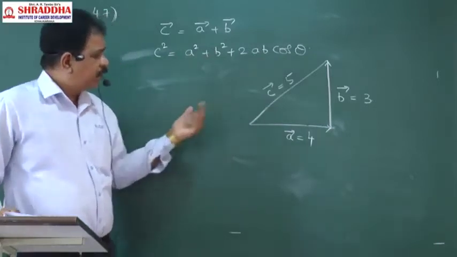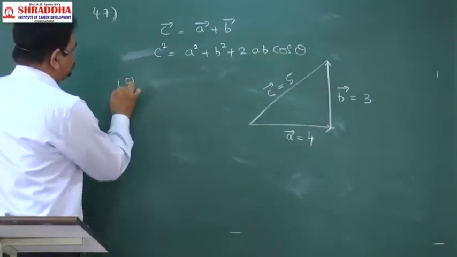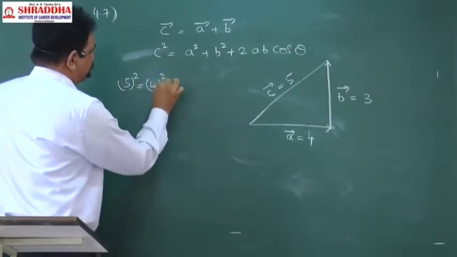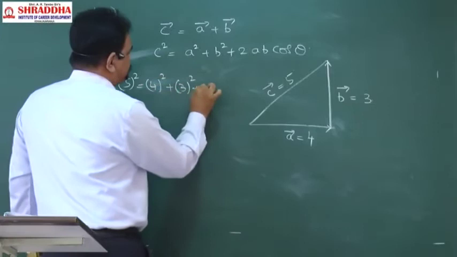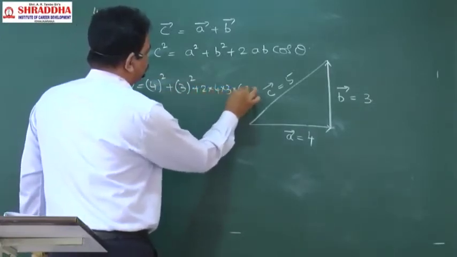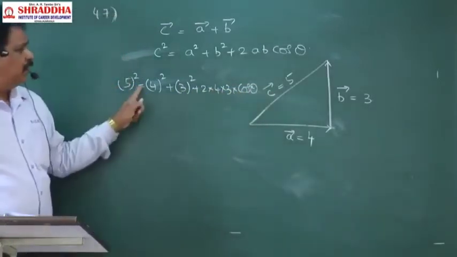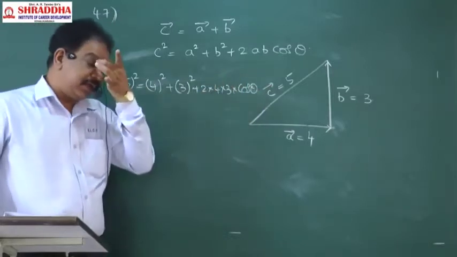Now, substitute the values, so how much are they giving? This is 5 square, this will be 4 square, this will be 3 square, 2 into 4 into 3 into cos theta. I substituted just the A, B, C values here.